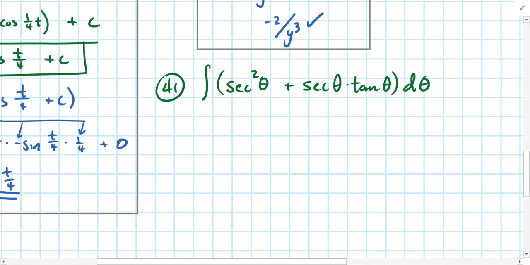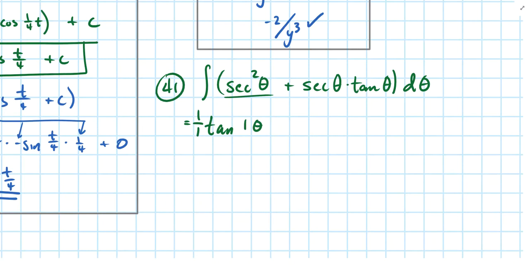So if we split this into two antiderivatives, we can account for both of those individually, and we'll go ahead and do this kind of in one step. The antiderivative of secant squared is just tangent, so we'll call this tangent of theta. And if you really wanted to follow the outline of the notes that were given to you, you would have 1 over 1 times tangent of 1 theta, because our a value is implied to be 1 right here.